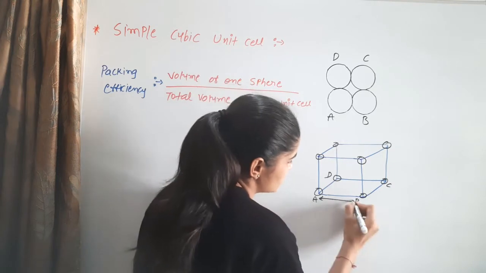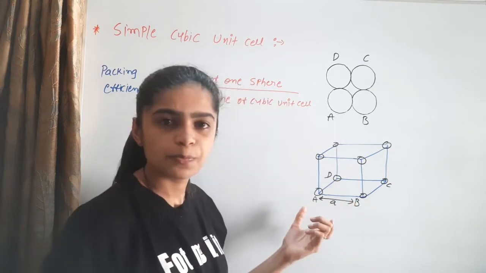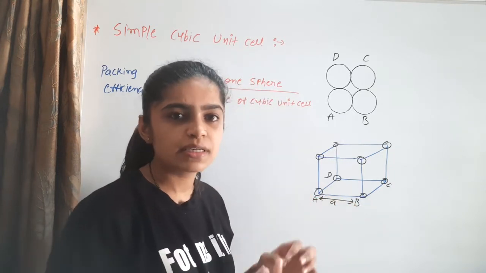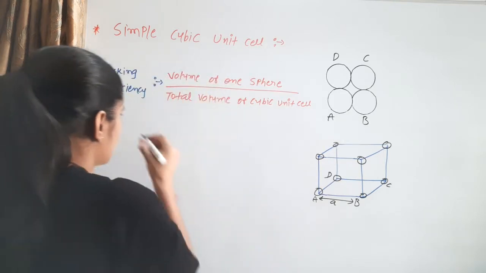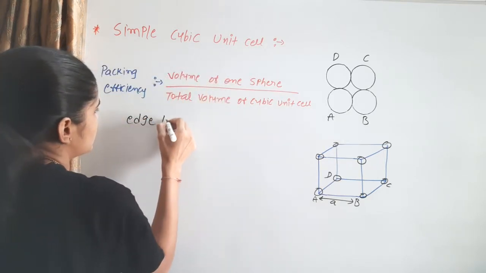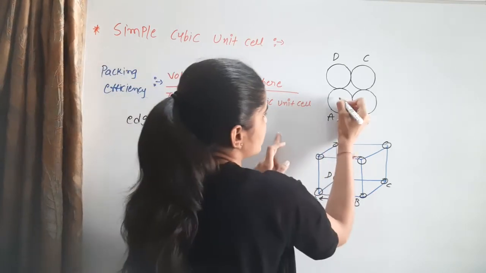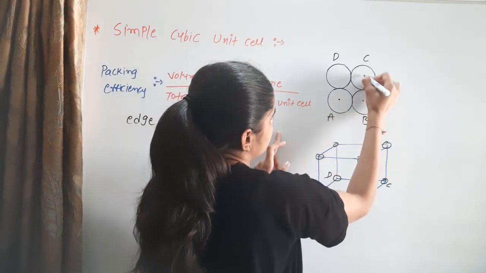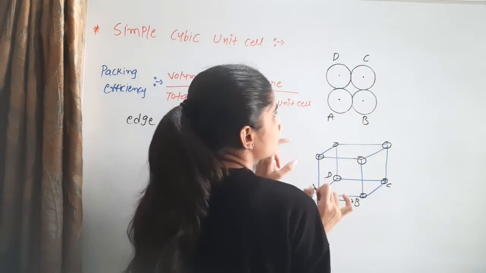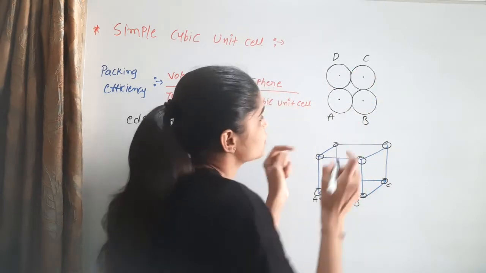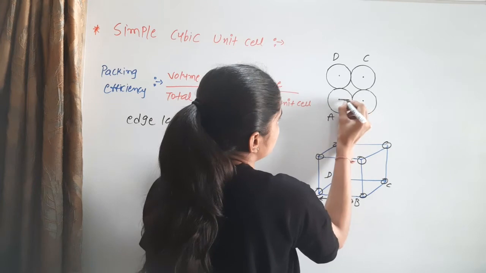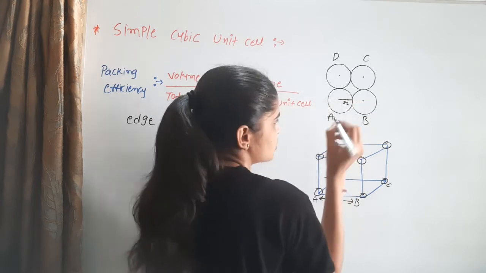And its edge length is a. These 2 are touching each other and the edge length is a. This is the center of the sphere. The distance from the center to the outer portion is r.